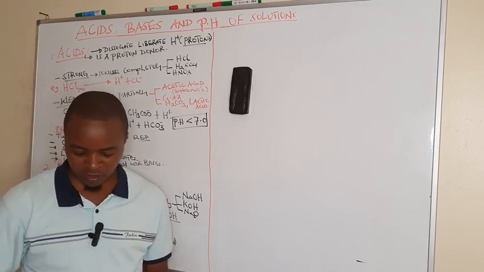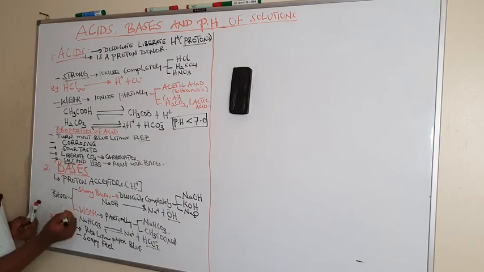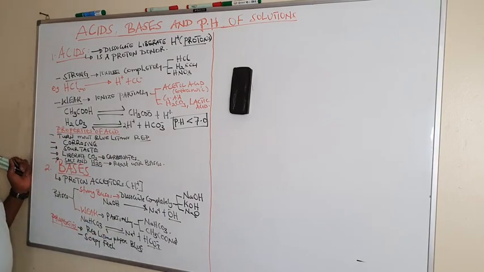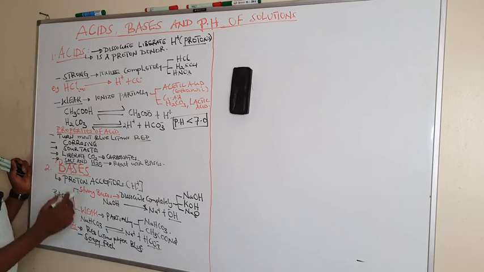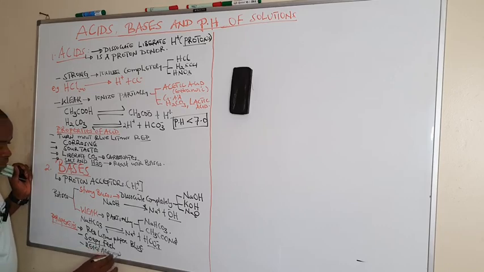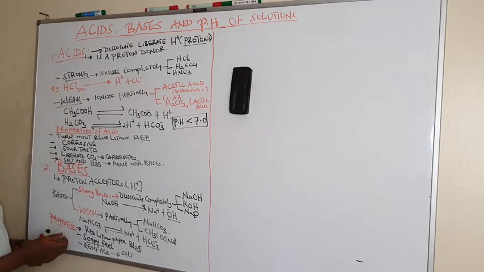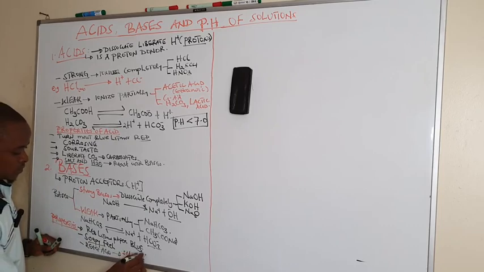And another property of bases, after knowing that they are alkaline in nature, turn litmus paper blue and have a soapy feel, is that they can also react with acids to produce salt and water only.